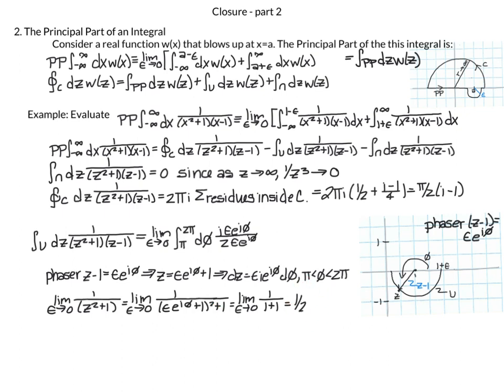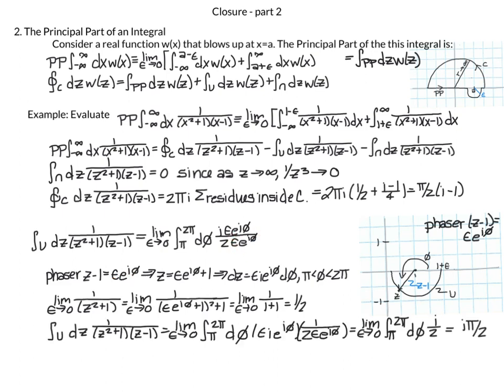And that's where I get this 2 in the denominator, and then z minus 1 is over here. It's equal to epsilon e to the I phi, which means now my integral over this little semicircle around the singularity of 1 over z squared plus 1 times z minus 1 is equal to the limit as epsilon approaches 0 of, and now phi again goes from pi to 2 pi, d phi of epsilon I e to the I phi, that was in our numerator, times 1 over our denominator, 1 over 2 epsilon e to the I phi.